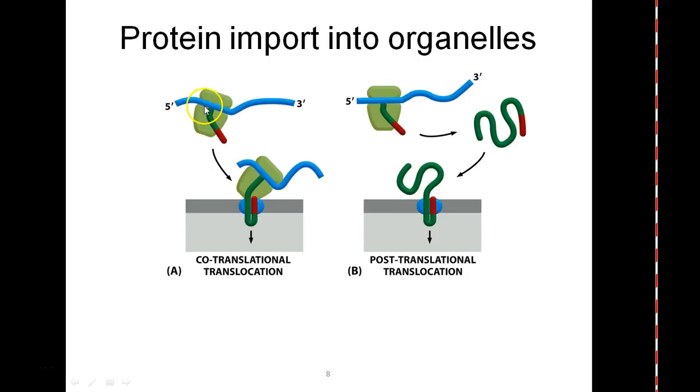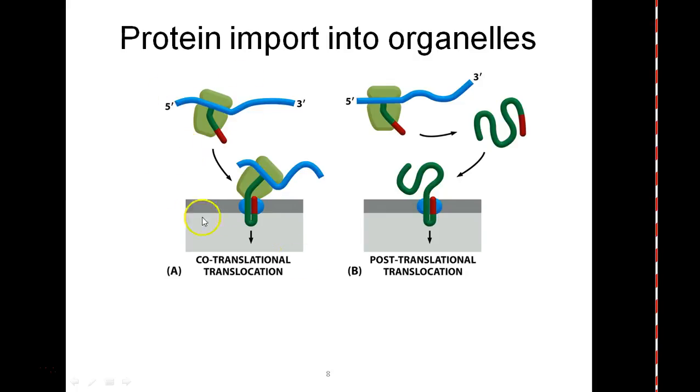Yes, so in green we have a ribosome, and this blue thing is the messenger RNA, and this green is the protein coming out from this complex, and this is the signaling sequence. So what's the major difference?